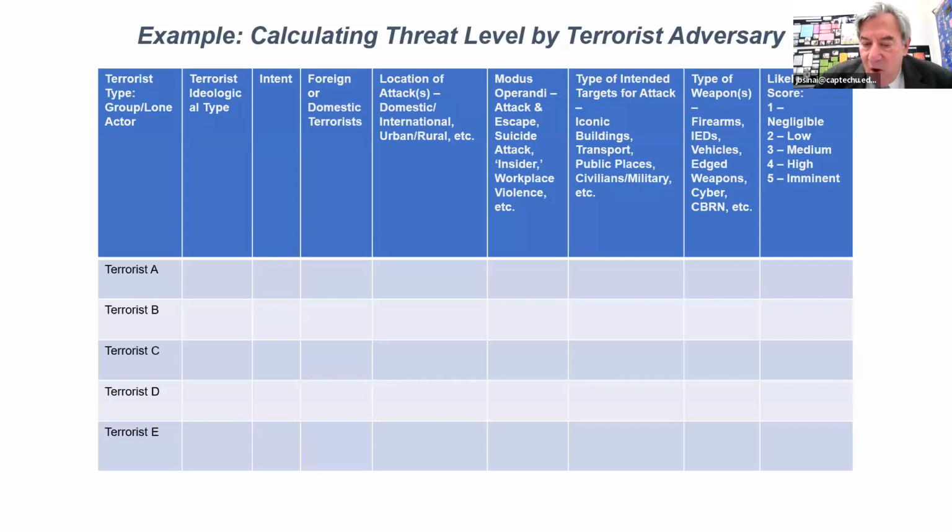Are they going to be firearms, improvised explosive devices, vehicles, edged weapons such as knives, cyber weapons, or WMD weapons? And then we would come up with a likelihood score, whether it's negligible, low, medium, high, or imminent.